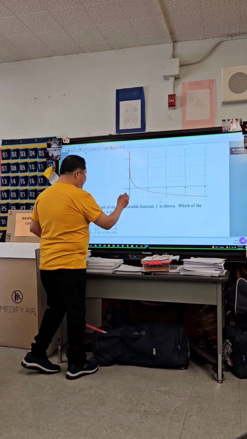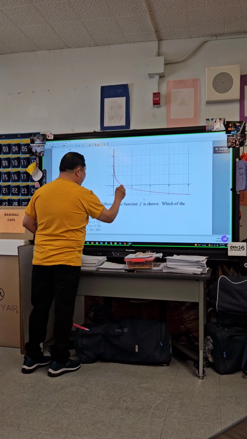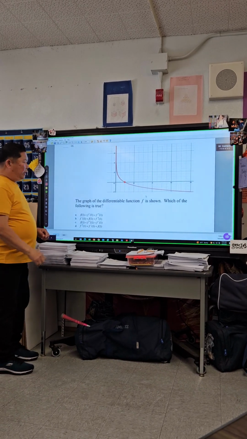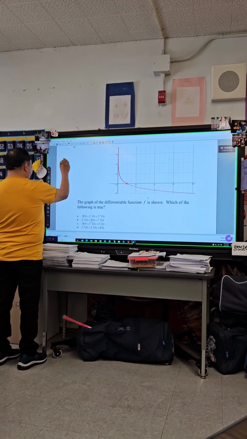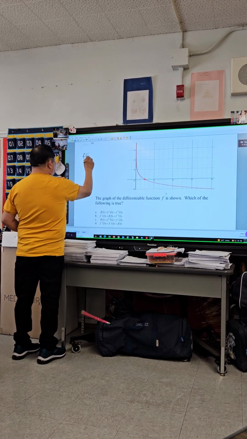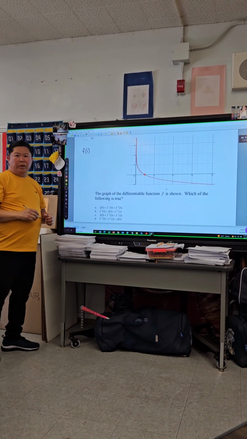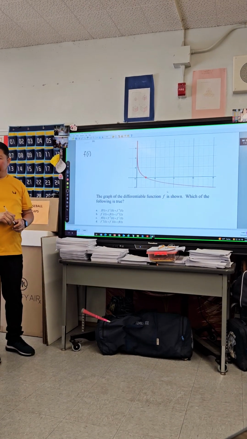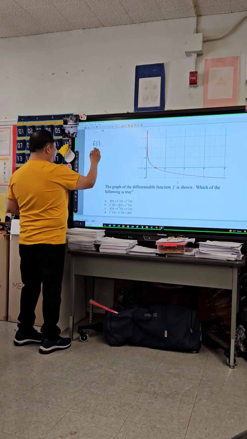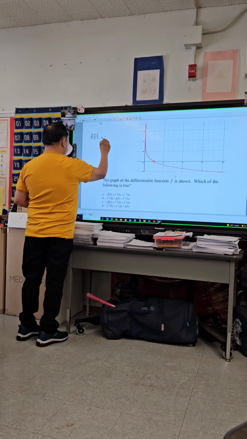It crosses right here. 1. That means if we do the function right here, f of 1, that means if x is 1, what is y? 0, right? That's what it means.